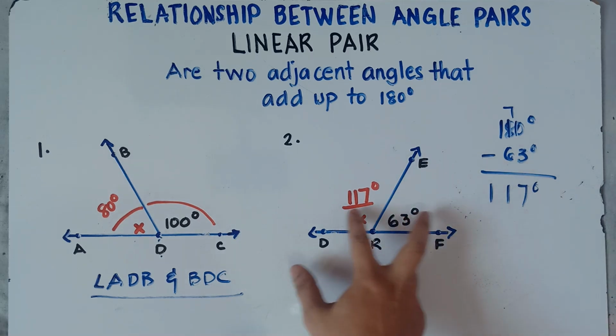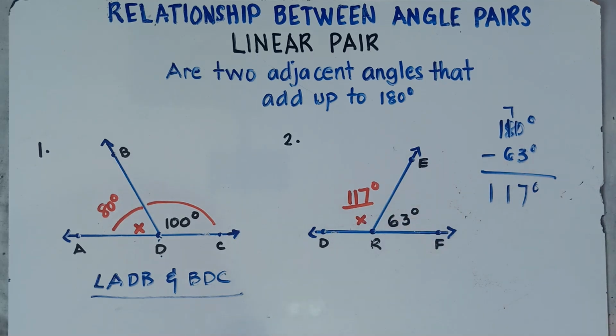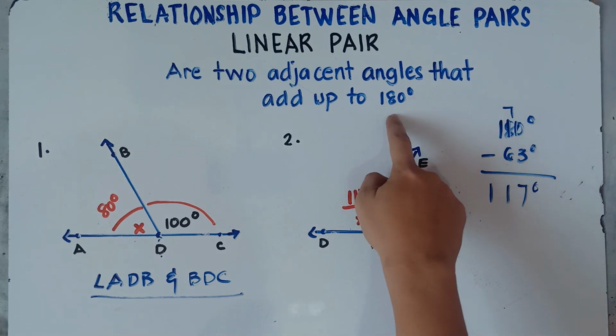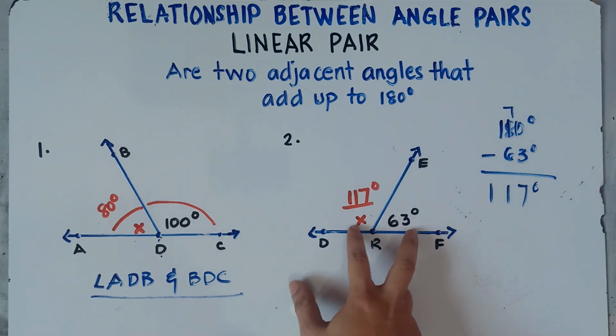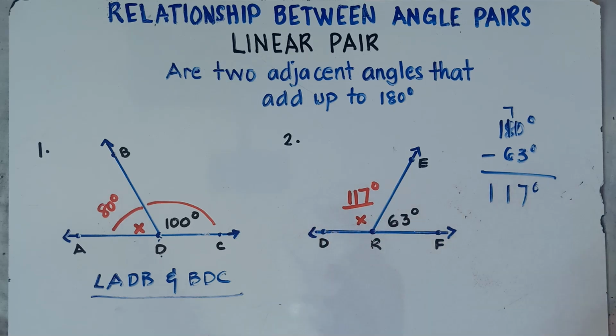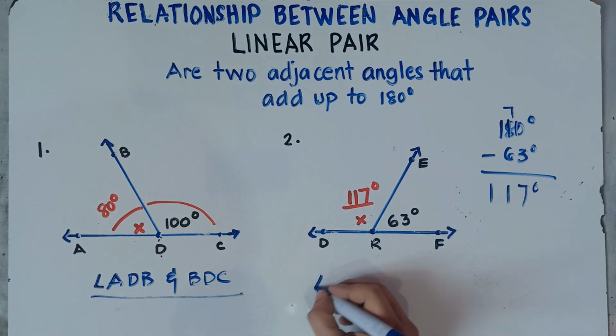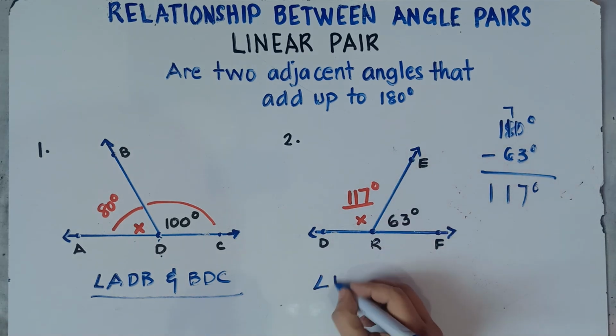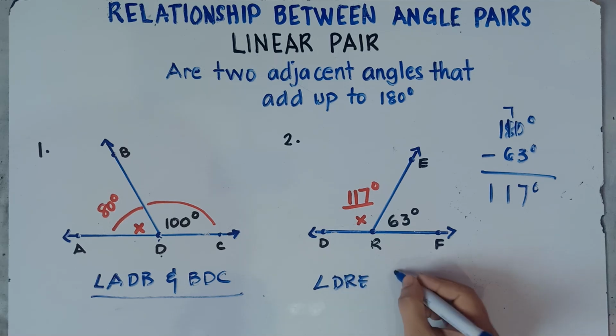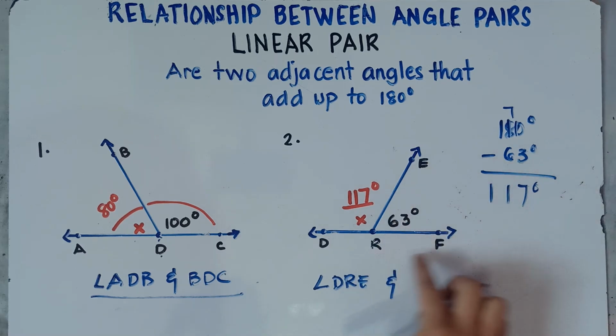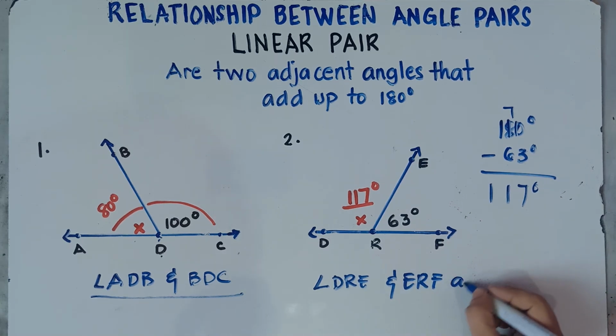So therefore, these two angles are adjacent angles, and they add up to 180 degrees. Therefore, this is what we call a linear pair. The two angles are what we call a linear pair. So we can say that angle DRE and angle ERF are linear pairs.